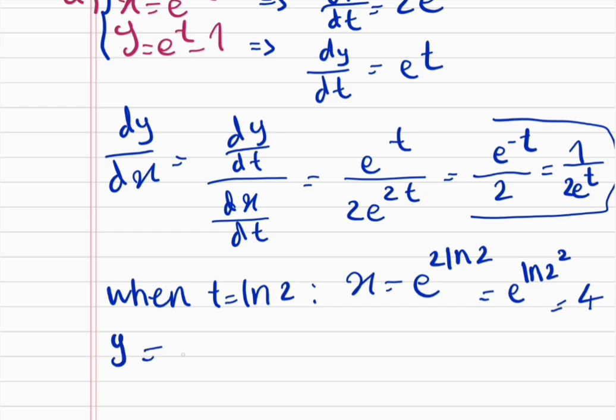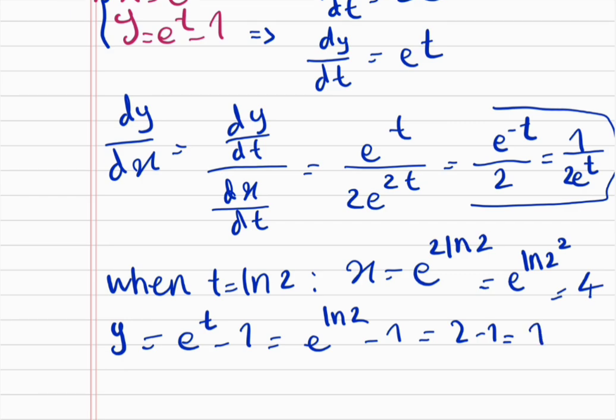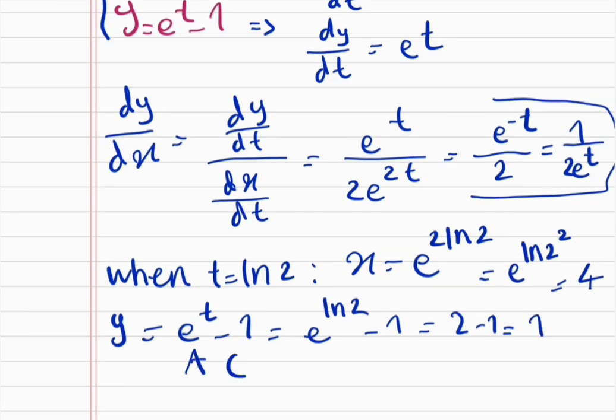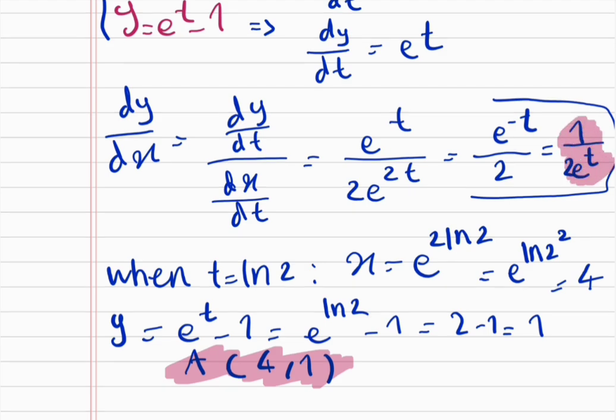And then for the y coordinate, we use e to the t minus 1, so e to the ln 2 minus 1. e and ln cancel each other out, we get 2 minus 1, which is 1. So the coordinates of point A are (4, 1). This is very important because we are going to use this and the gradient to find the equation.